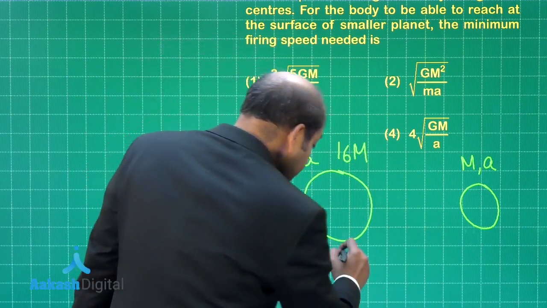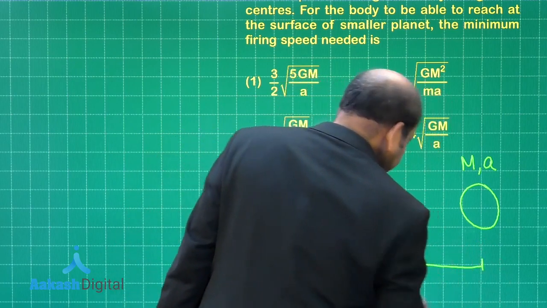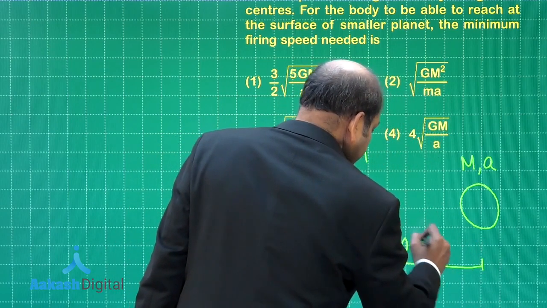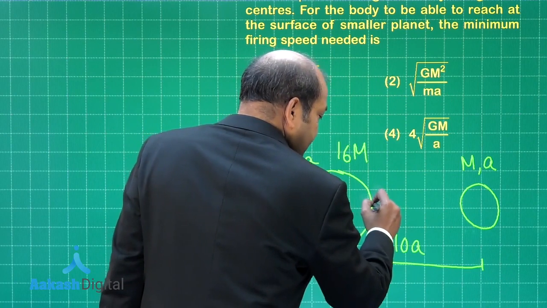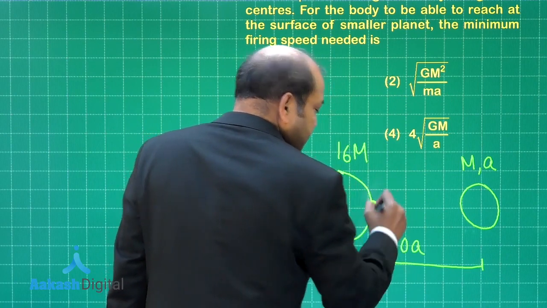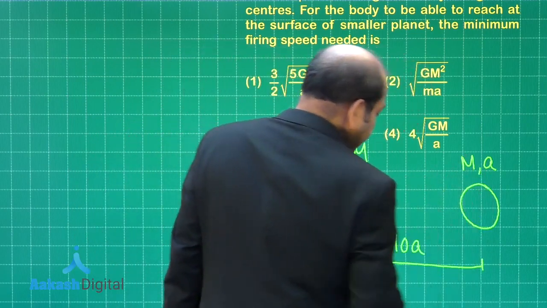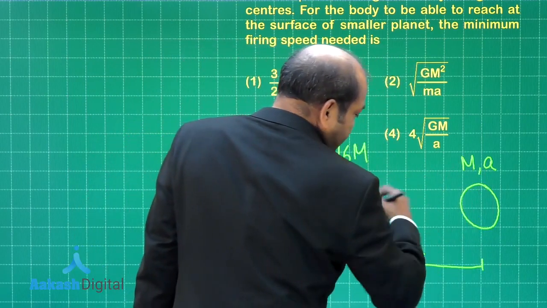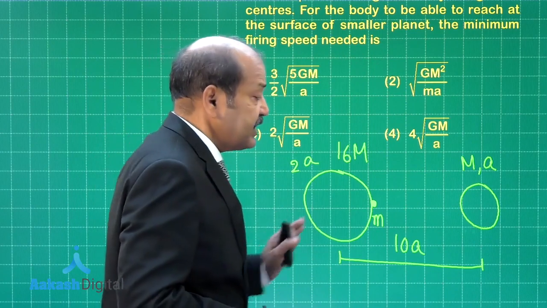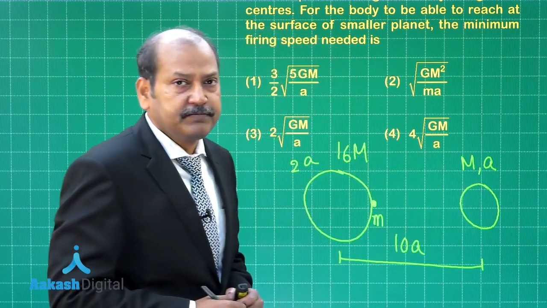The distance between the centers has been given as 10a. And if a particle is fired, let us assume that the mass of the particle is m, towards the second planet, what is the minimum speed it must have so that it is able to reach the surface of the second planet.